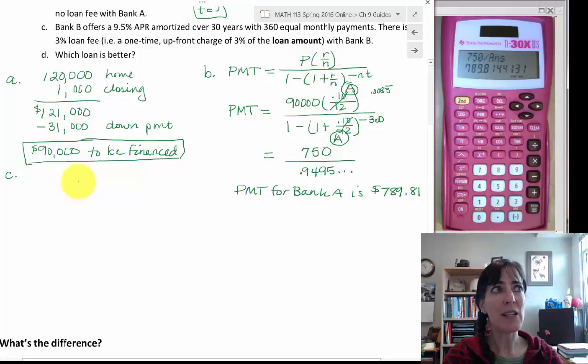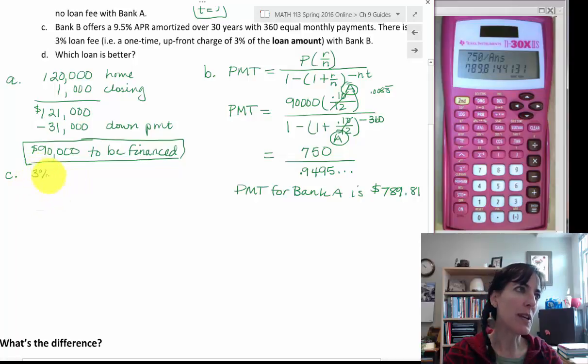Part C is asking about Bank B, which offers a 9.5% APR amortized over 30 years, 360 monthly payments. There's a 3% loan fee, which is a one-time upfront charge of 3% of the loan amount. So the loan amount was going to be $90,000.